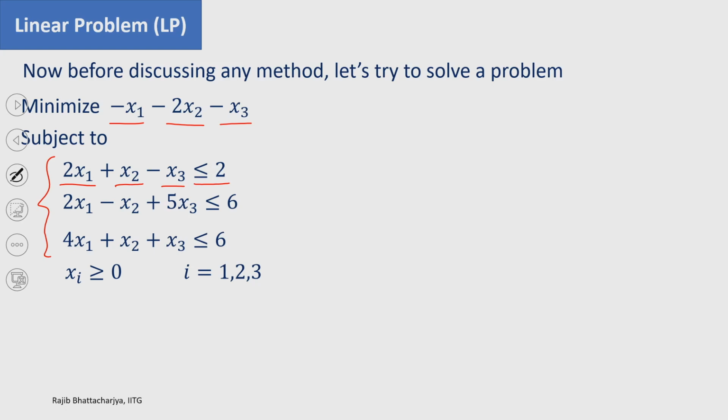The second constraint is twice x 1 minus x 2 plus 5 x 3 less than or equal to 6, and the third is 4 x 1 plus x 2 plus x 3 less than or equal to 6. All decision variables should be positive, they cannot be negative, for i equal to 1 to 3. In this case the number of variables is 3, and we have 3 constraints.